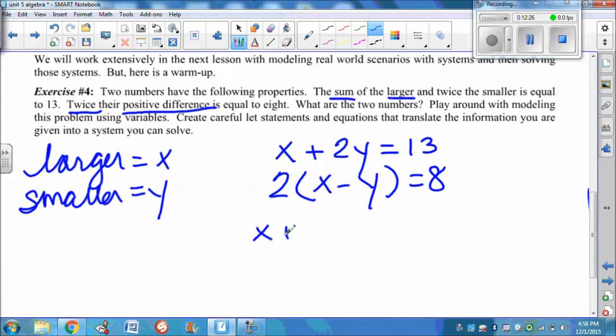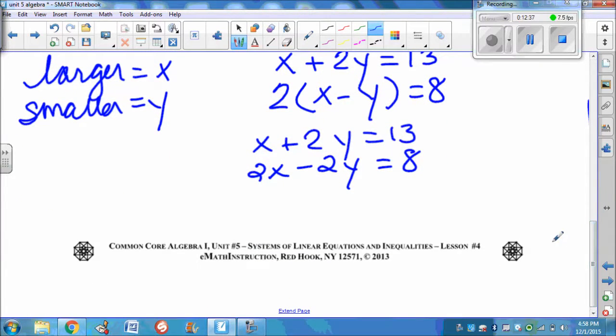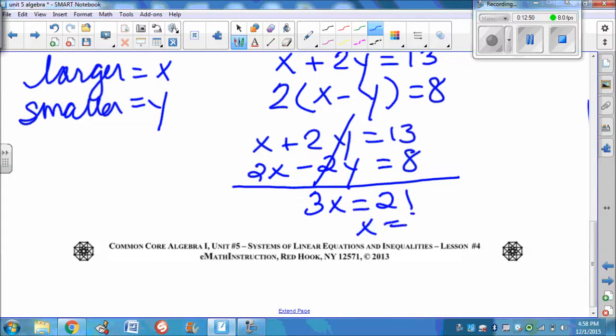So that first equation I would leave as is, but I've got to distribute for the second equation to clear those parentheses. Now when I look at it, I don't even need to force elimination to happen because it's already there. So I end up with 3x equals 21, x equals 7.